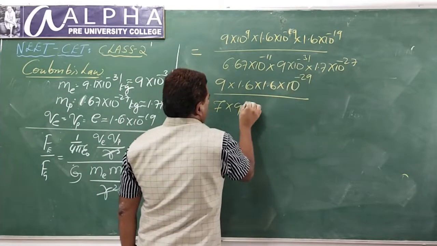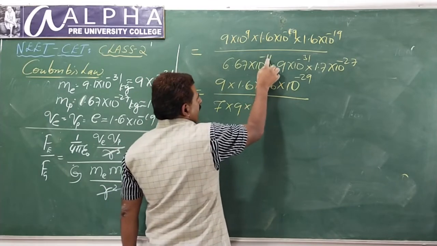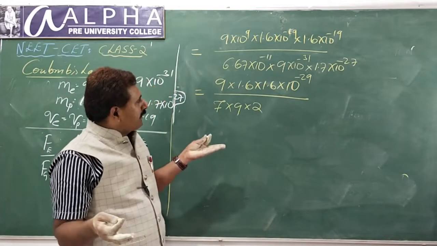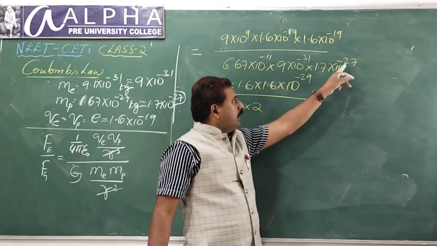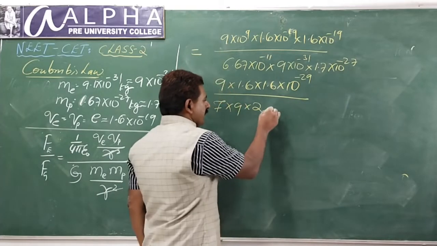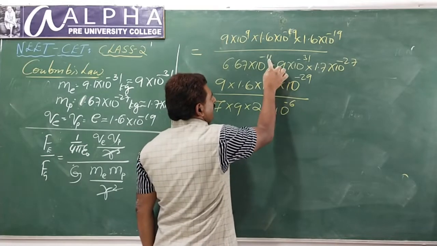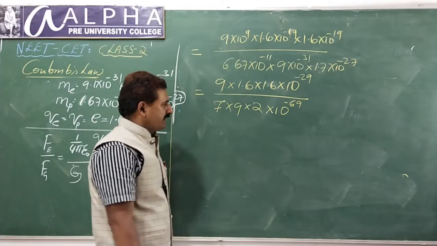You can write approximately 2, that's it, very fine. Now 10 power minus 11, minus 11 minus 31. What is minus 11 minus 31? Minus 42. Minus 42 minus 27, 10 to the power minus 69. See here, 42, 27, 69. Comes around 69.